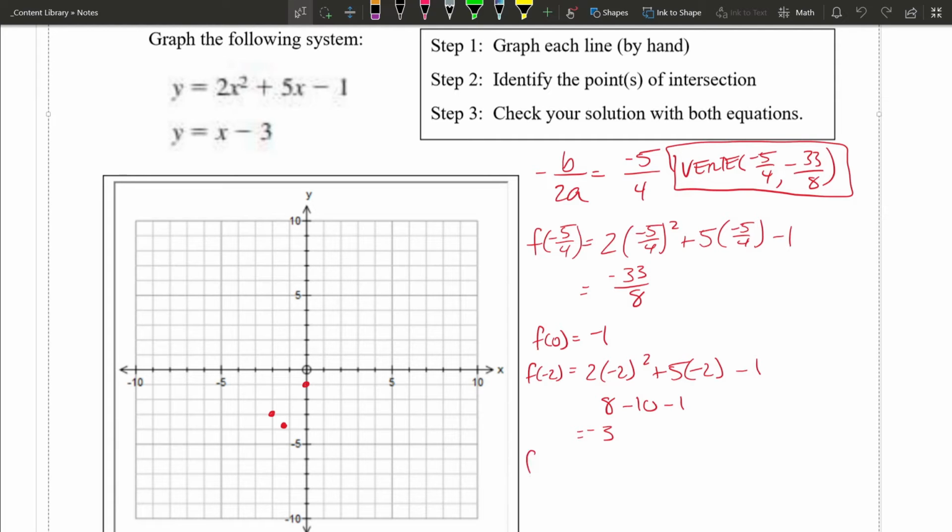We have 2 times negative 3 squared plus 5 times negative 3 minus 1. That would be 9, 18 minus 16, negative 2.